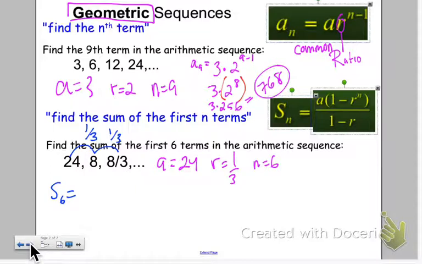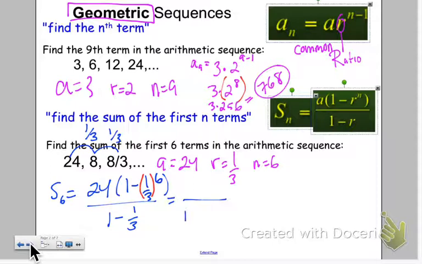So we do that over here, which is 24 times 1 minus 1/3 to the 6th. When you have 1/3 to the 6th, it's a good idea to put parentheses around that so that when you plug it into your calculator, you do it right. And then over 1 minus the ratio, 1/3. Let's simplify that: 1 minus 1/3 is 2/3.